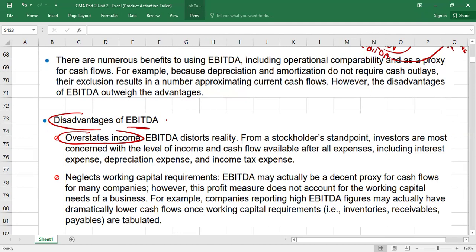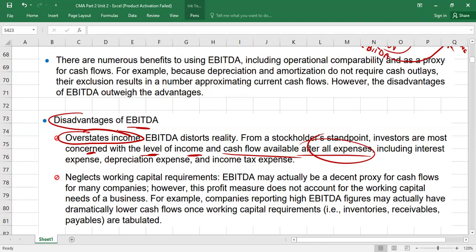From the stockholder's point of view, investors are most concerned with the level of income and cash flows available after all expenses. But we don't include these two expenses while calculating this ratio. That is why it will overstate your income. This is the first drawback.